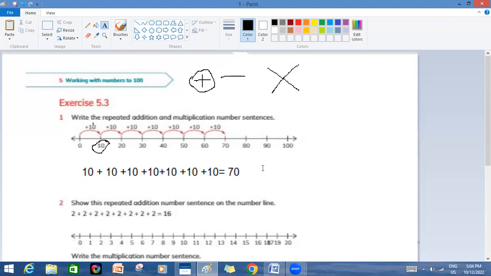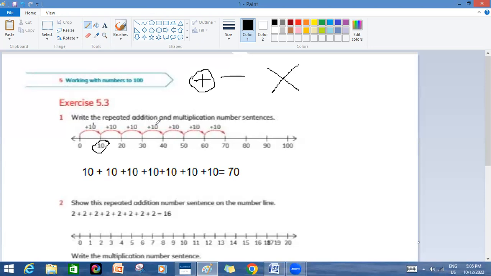So what is the question? We have to find the multiplication numbers. So let's find out. What are we going to add each time? 10. So we are adding 10 each time. We are going to add 10 again and again.